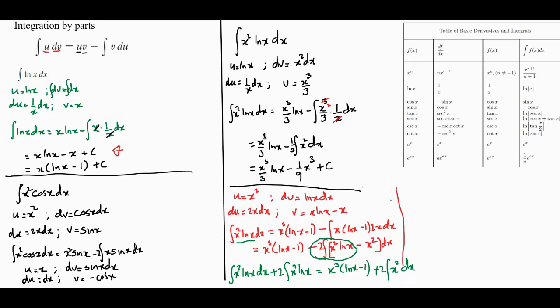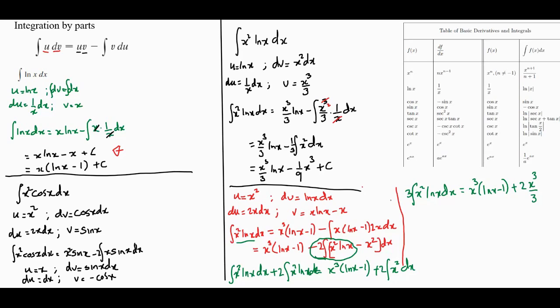So now if you look at these two, these are the same thing, so this will just become 3. So it'll become 3 times the integral of x squared ln x dx is equal to x cubed into ln x minus 1 plus 2, and then we have x cubed over 3.